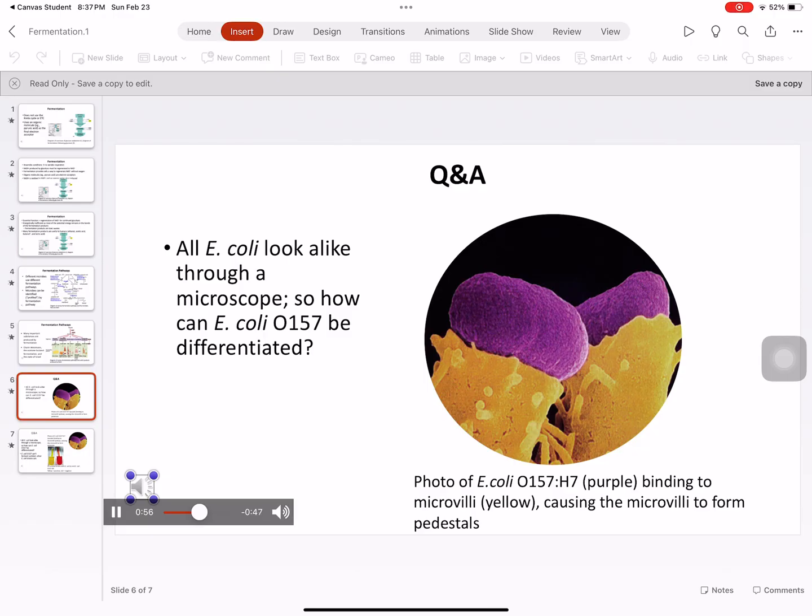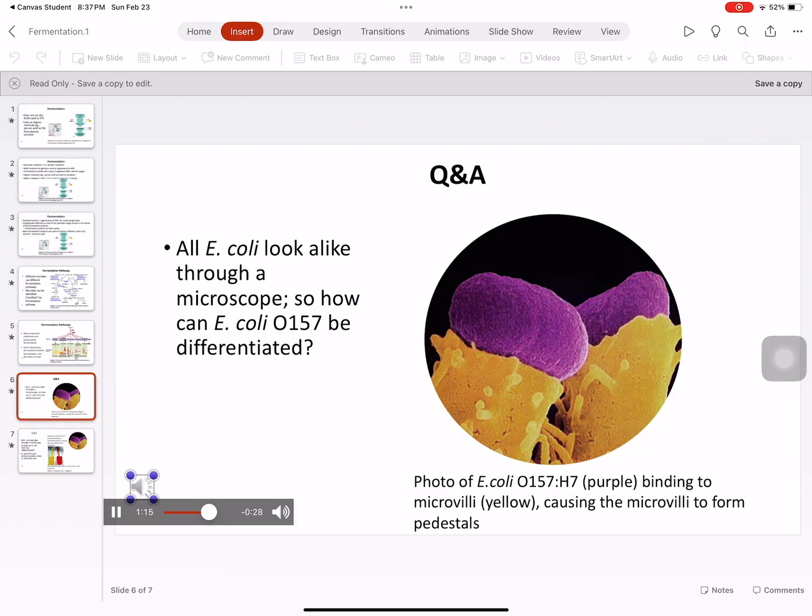And our photo here is that of E. coli O157:H7, the pathogen, in purple, binding to the microvilli of the intestine in yellow. And normally microvilli would have a dome-shaped top.